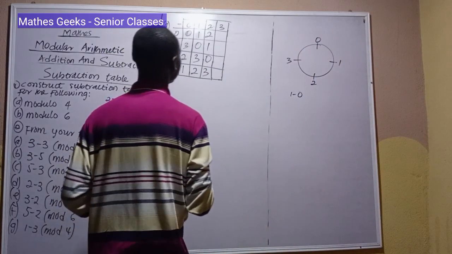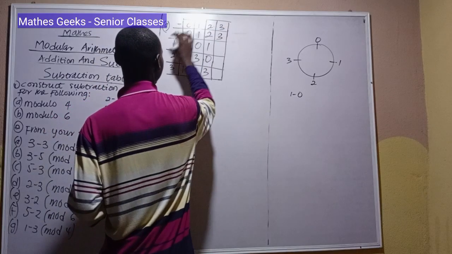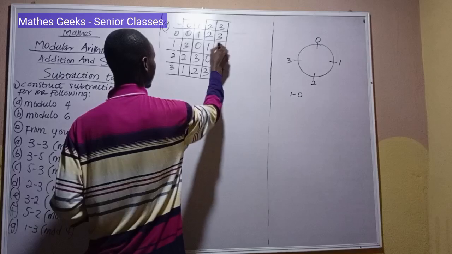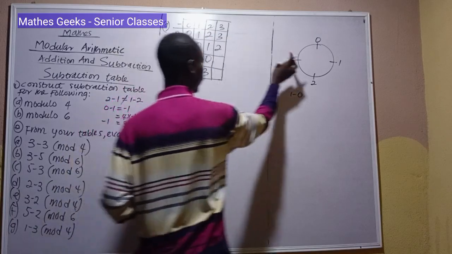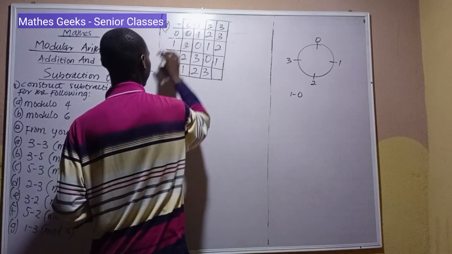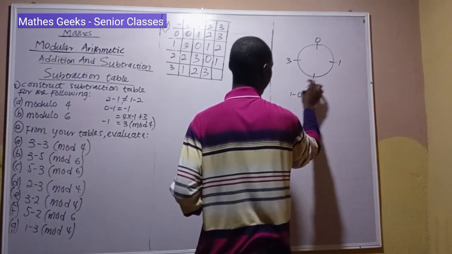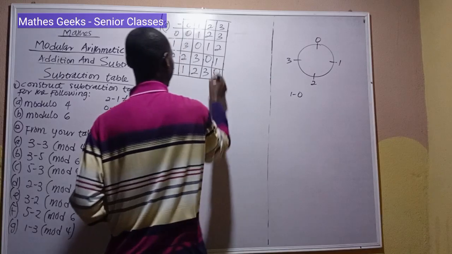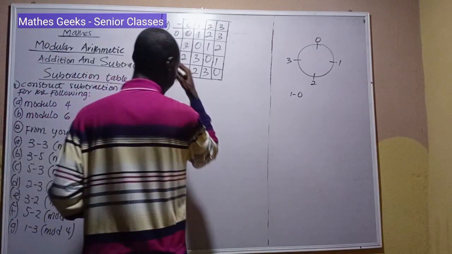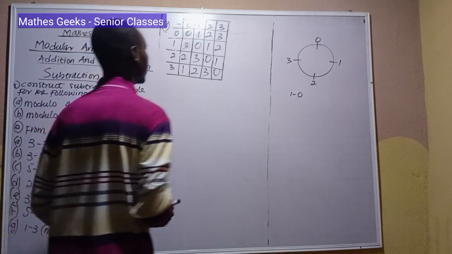That's 3. 3 minus 0 will be 3. 3 minus 1: start at 3, move once, that's 2. 3 minus 2: from 3, 1, 2, that's 1. 3 minus 3: from 3, 1, 2, 3, 0. So this is subtraction. This is the first variant, modulo 4.